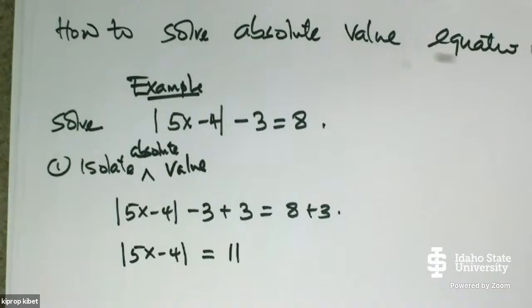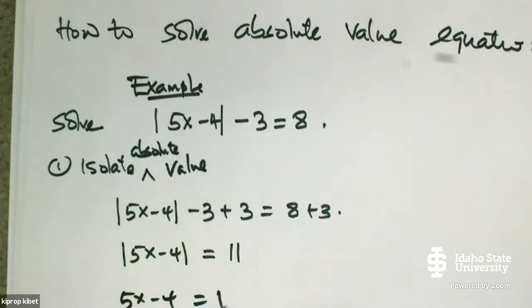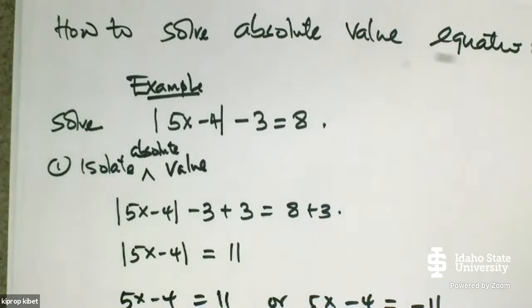But if it is negative, then there is no solution, because the absolute value cannot give us a negative. Therefore, 5x minus 4 is equal to 11 or negative 11. So 5x minus 4 equals 11, or 5x minus 4 equals minus 11.